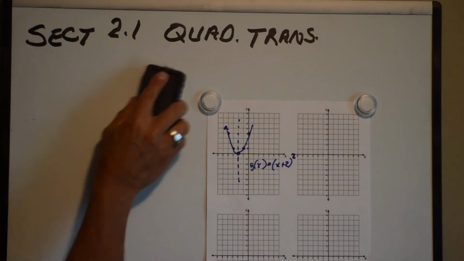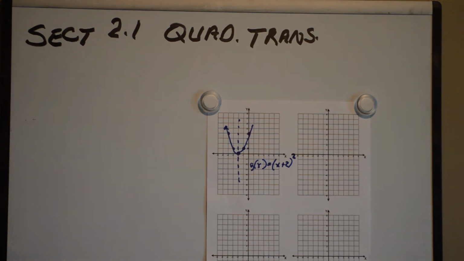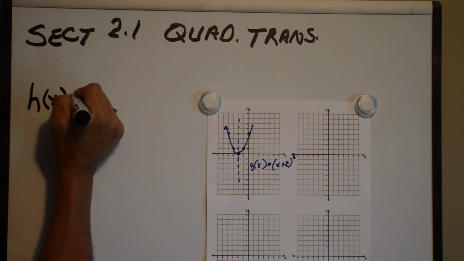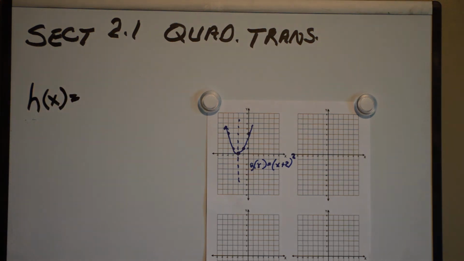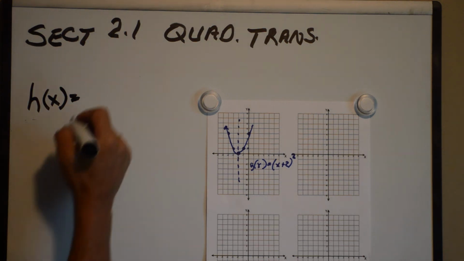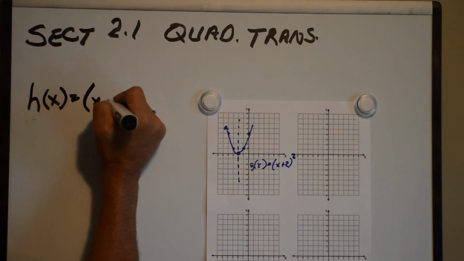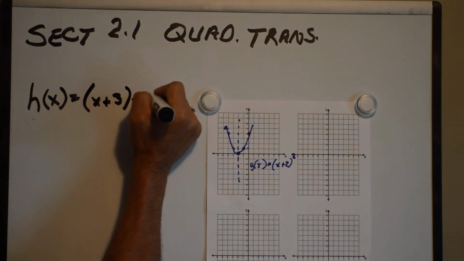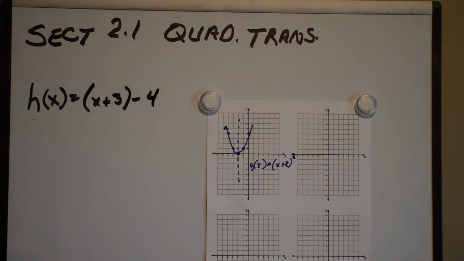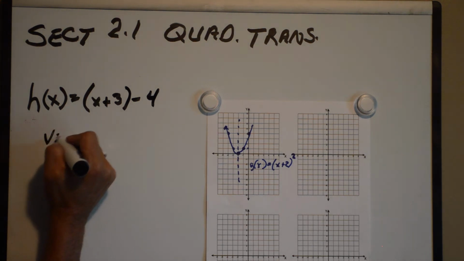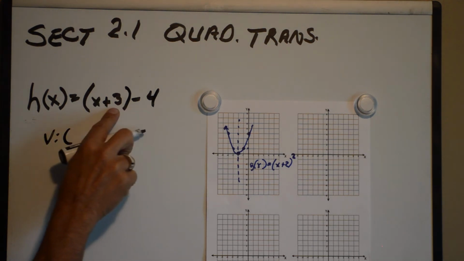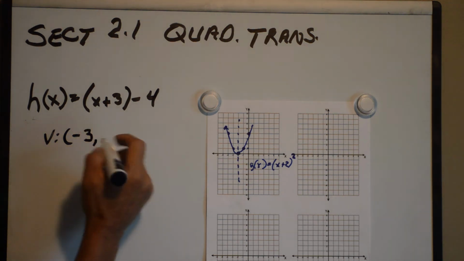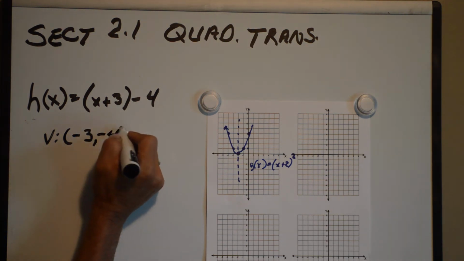Now let's do h of x. It doesn't matter; these are just variables. They stand for y. We use h or g just to show it's a different function. H of x is, let's say, x plus 3 quantity squared minus 4. So my vertex here is going to be at the opposite of this, negative 3, and the same as that, negative 4.